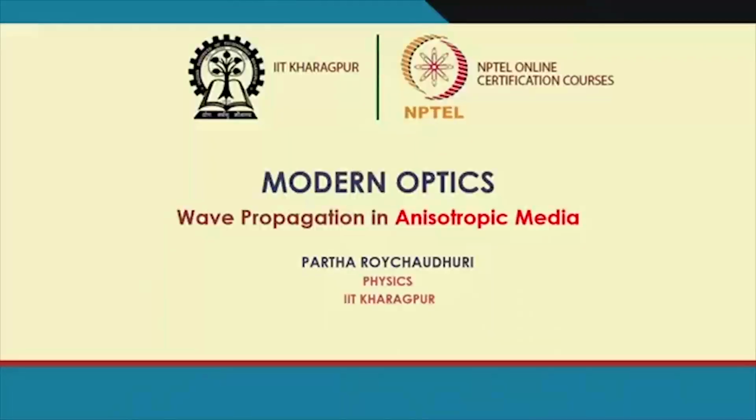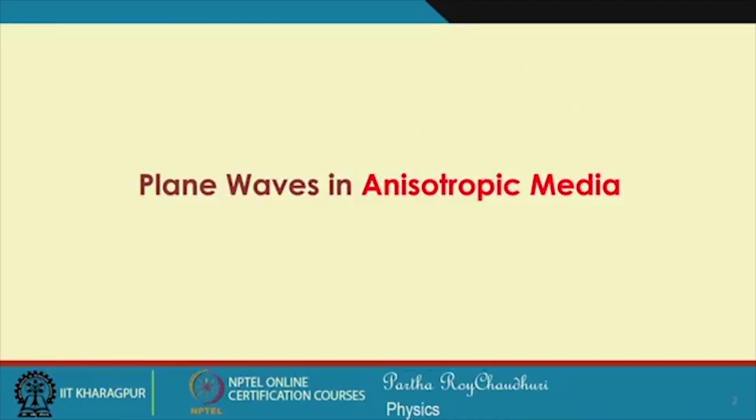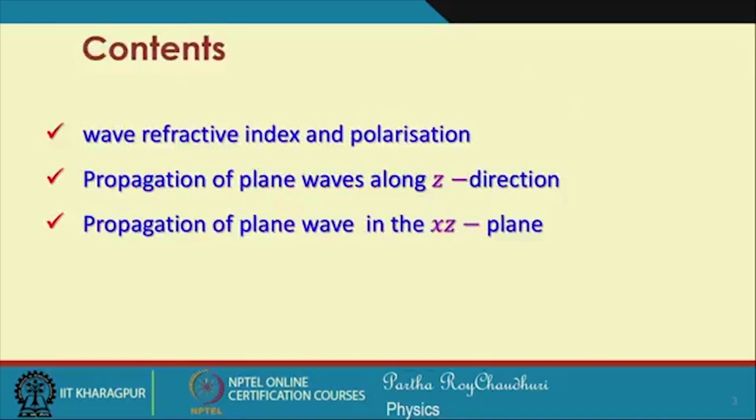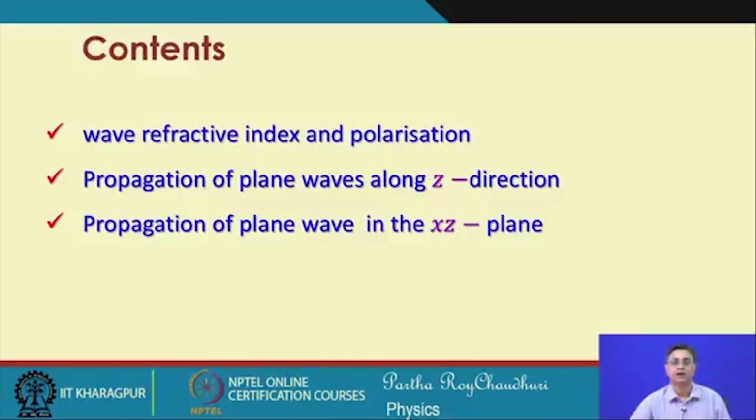We are discussing the propagation of electromagnetic waves in anisotropic media, and in the last section we have discussed how we can represent the direction of propagation of the electromagnetic waves when it is given, then to determine the wave refractive indices and the direction of the D vectors.